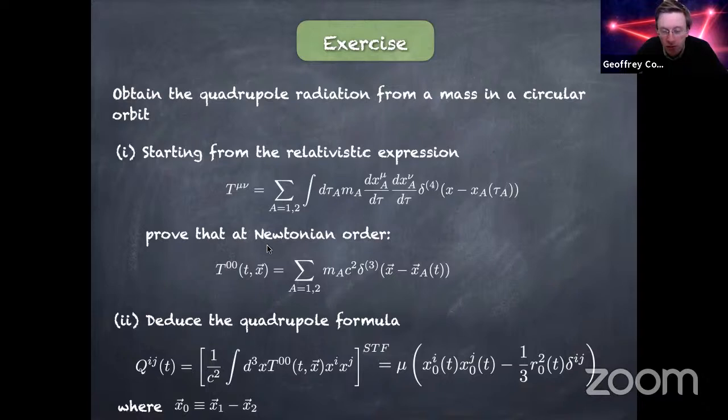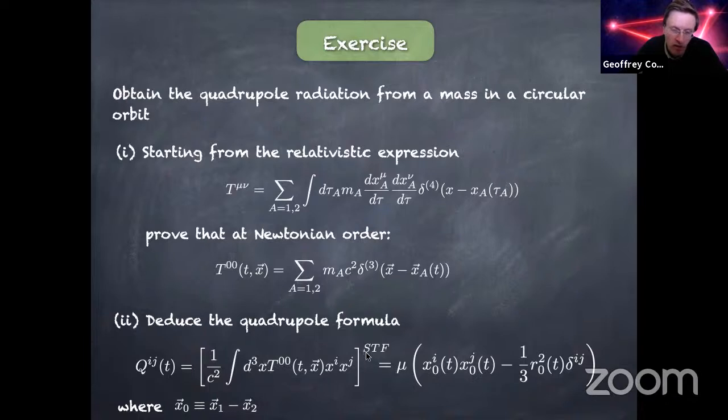So in the lowest Newtonian order, the stress-energy tensor 0,0 component is just mc squared times the 3D delta. It's pretty easy to see, just deduce that. And then for the quadrupole formula, we need to compute the second moment of the 0,0 component of the stress-energy tensor, which is given by this.